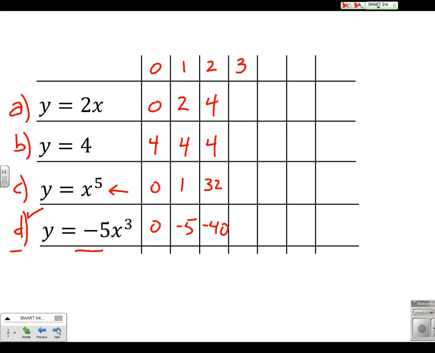3. Function A, 2 times 3. Function B is always 4. Function C, 3 to the 5th, 243. Function D, 3 to the 3rd, 27, times 5, 135, but negative.